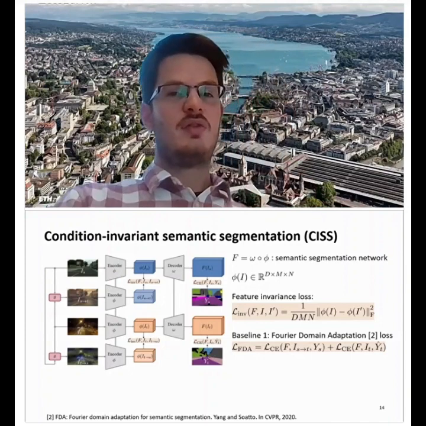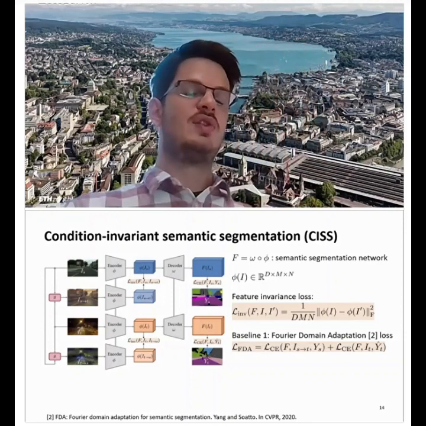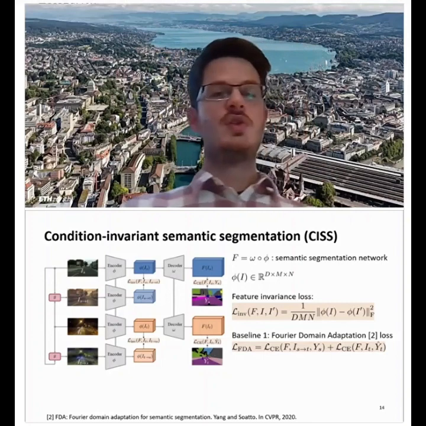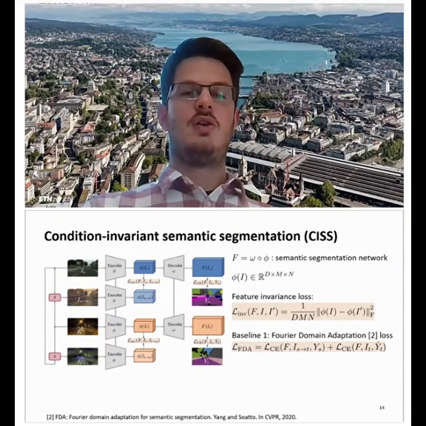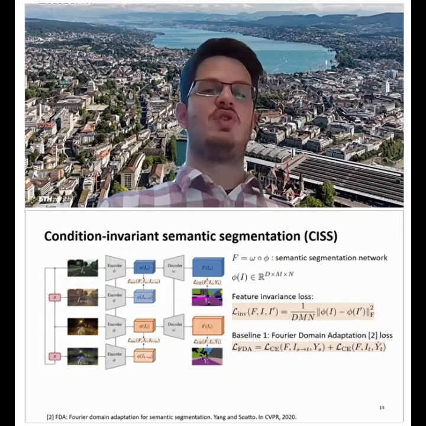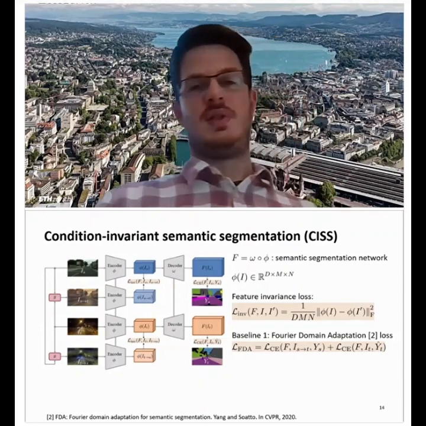So we have here different baselines. One might ask, okay, why do you need the feature invariance loss in any case? Because you can alternatively also supervise your network for the prediction of the stylized image, and you don't need to consider the features of the stylized image.